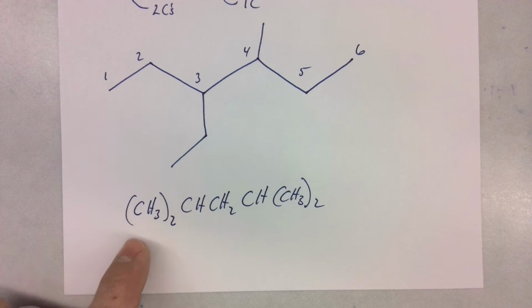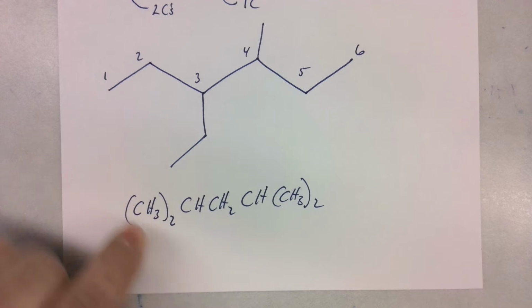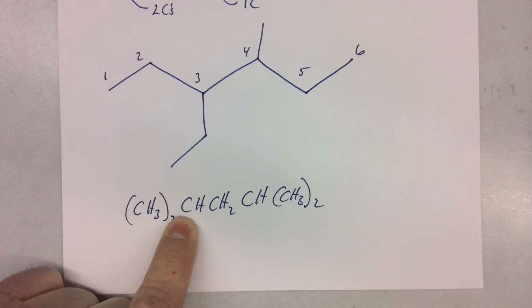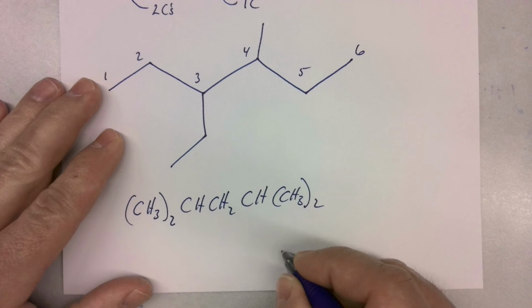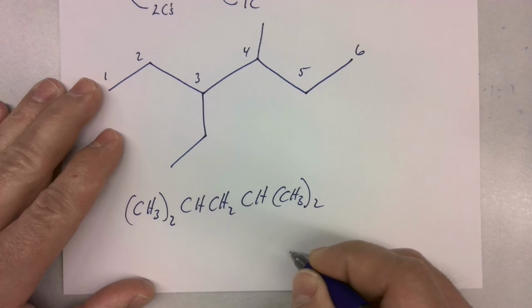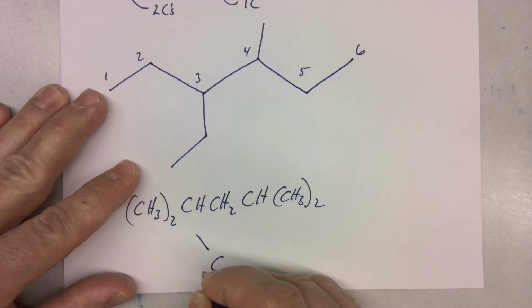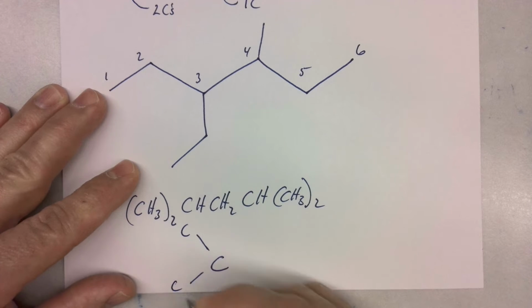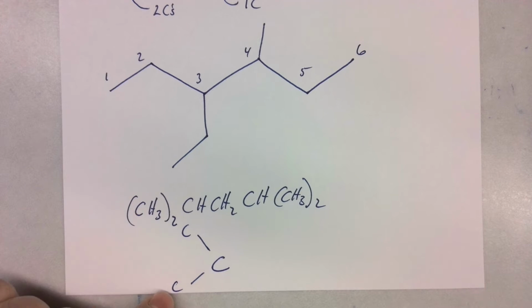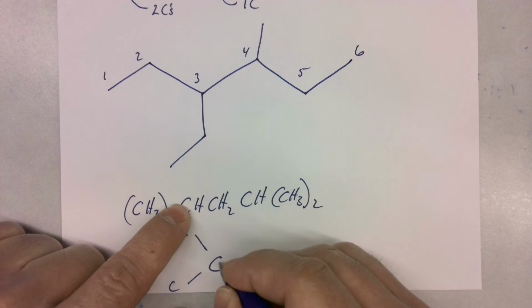So, what I do is, I know I've got 2 CH3s bonded to that carbon, right? So, I've got this carbon, and I'm going to go like this. So let's say I do it like this. I got this carbon, I've got that carbon, I've got that carbon. So I got that, and I got that. That is one of those, that is the other one of those. This one is this carbon right there.